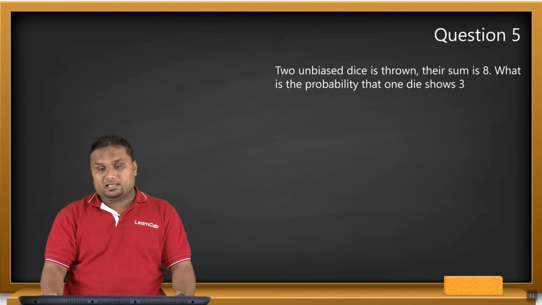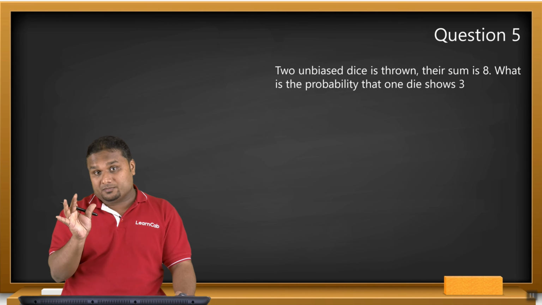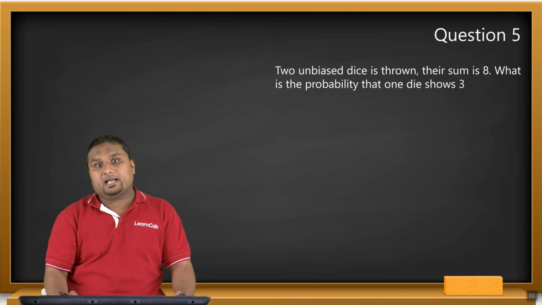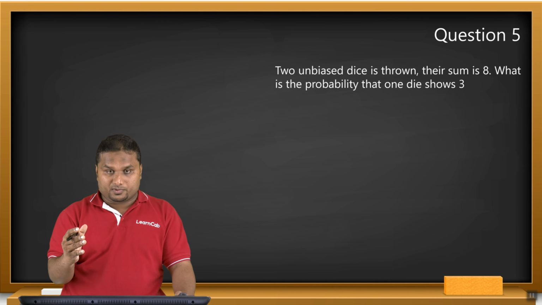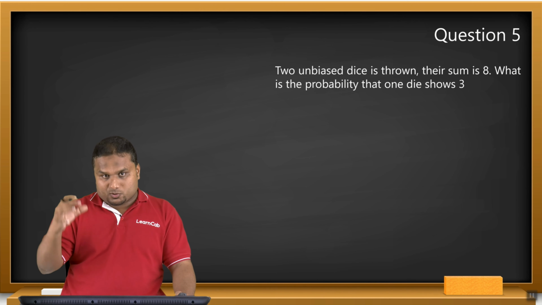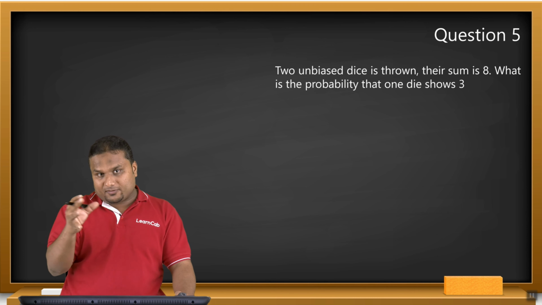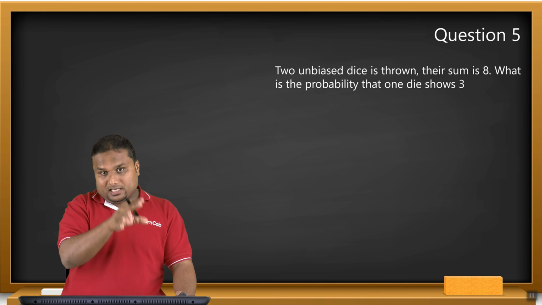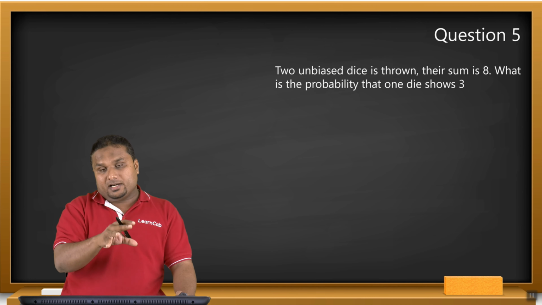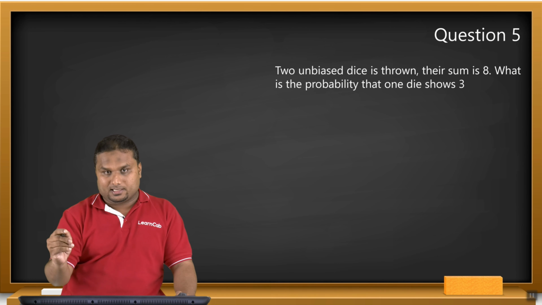Two unbiased dice are thrown, and their sum is 8, which has already happened. What is the probability that one die shows 3? This is a conditional probability where one thing has already occurred, and you have to find the probability of the other thing happening. The other thing here is that one die shows 3.